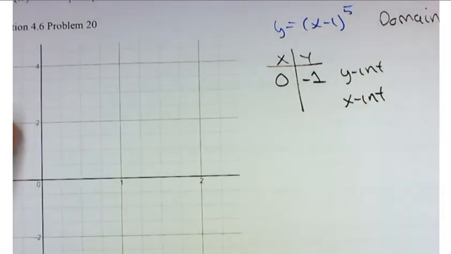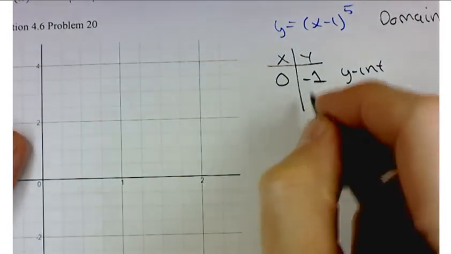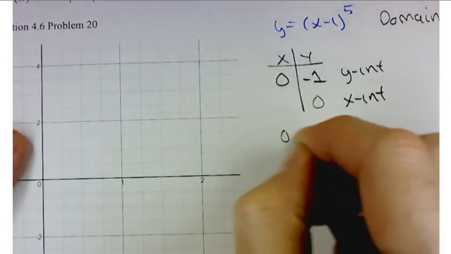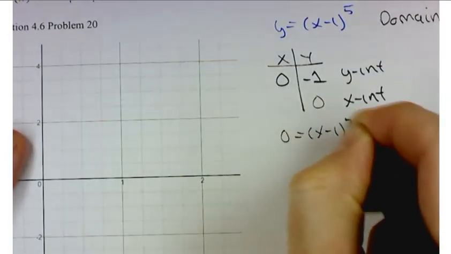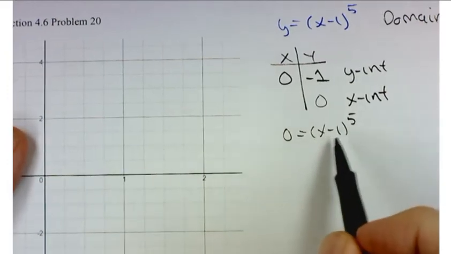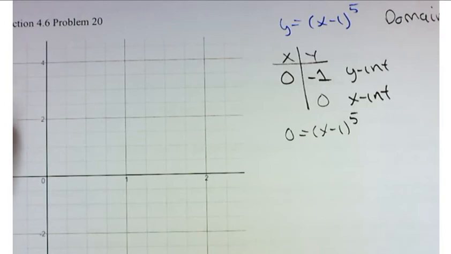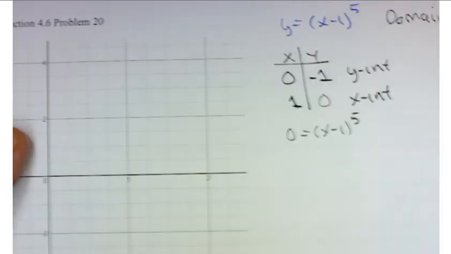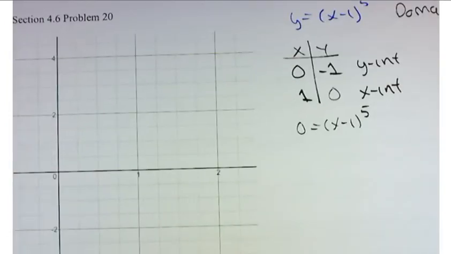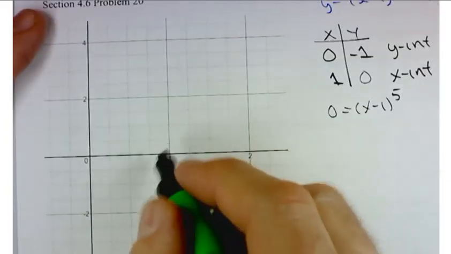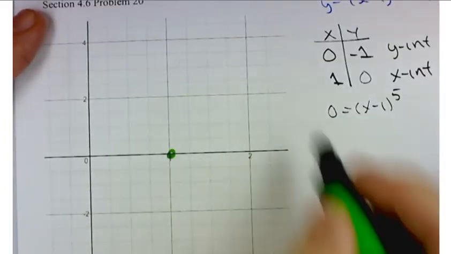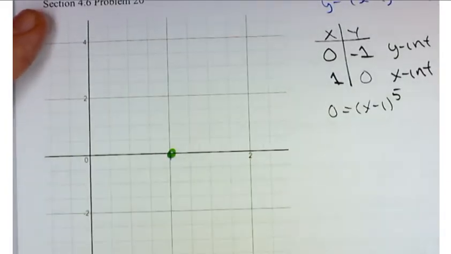To find the x-intercept, you set y equal to 0. And if you have 0 equals (x minus 1) to the 5th, what could I put in for x to make this equal to 0? 1. So we've got a couple easy points right there. We've got an x-intercept at (1, 0) and a y-intercept at (0, -1).